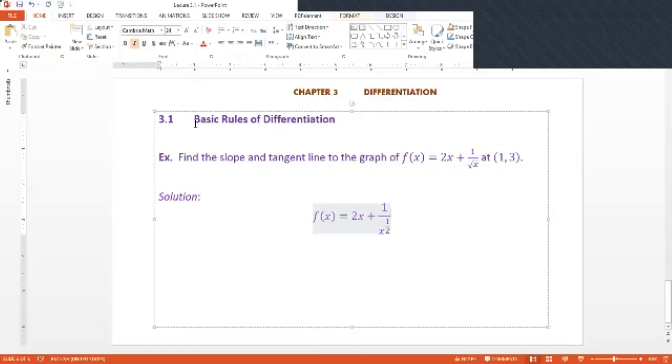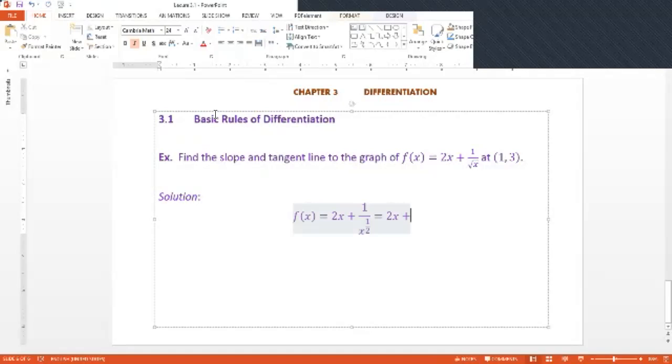We just rewrite the square root of x as x to the half in the denominator in the second term, as the square root of x means that you take the 1/2 root of the x. And from the rule of the exponents, when you have an exponential in the denominator, it means the exponent is negative. So we can further rewrite the function as 2x plus x to the negative half.